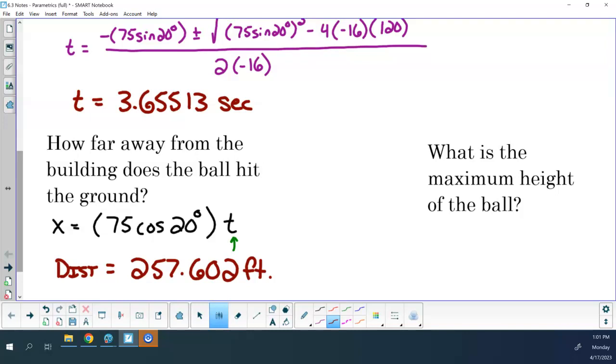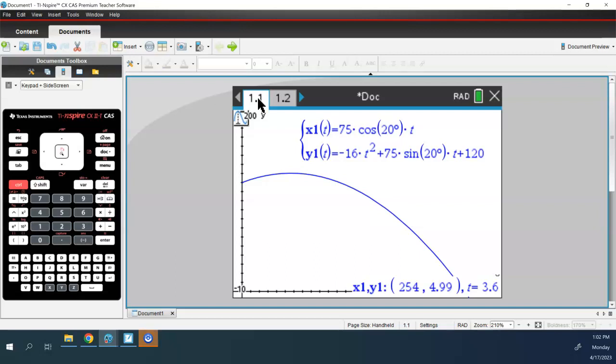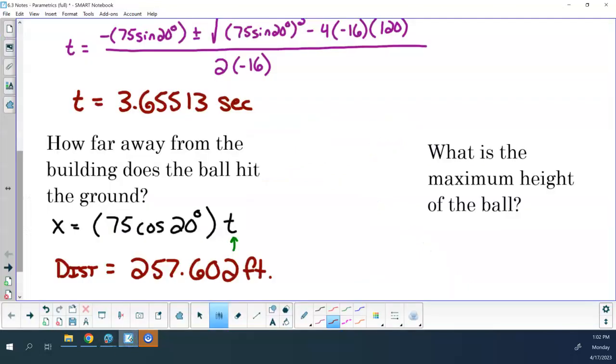And the last one is, what is the maximum height of the ball? Well, if you notice that the graph is a parabola, and the maximum height of a parabola would be at the vertex. So I would need to find the vertex of this parabola. I can do that in one of two ways.